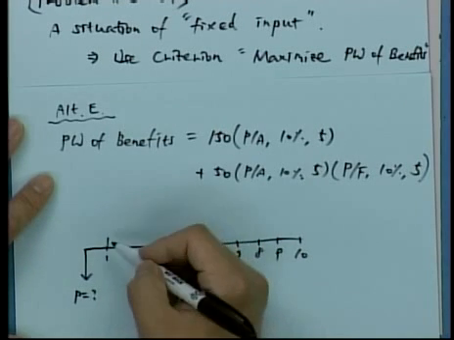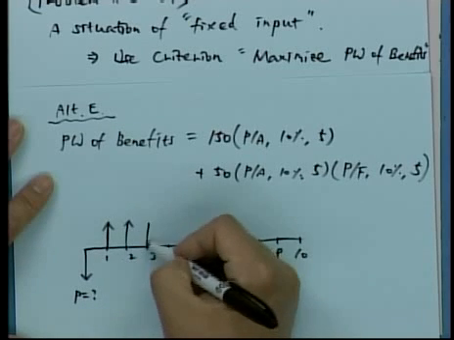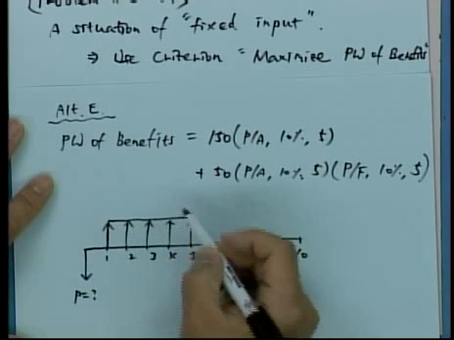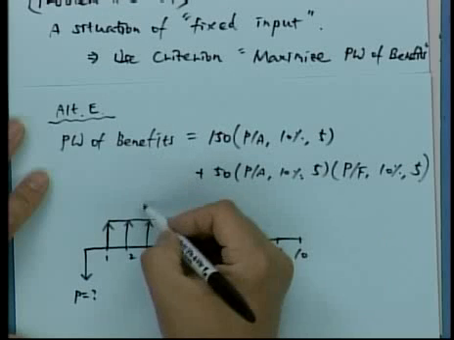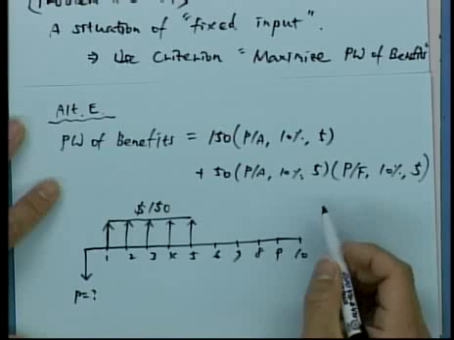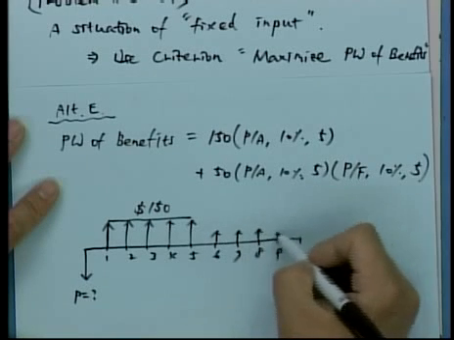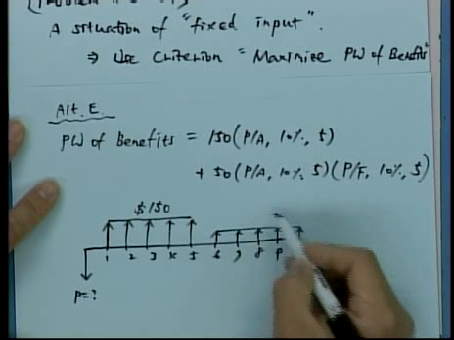So the first 5 years have a uniform annual benefit of $150, and then $50 for the next 5 years.